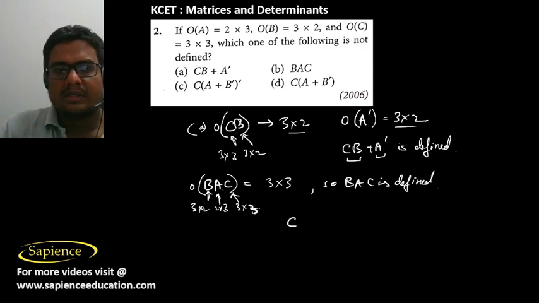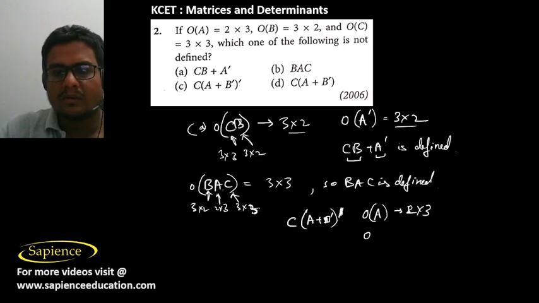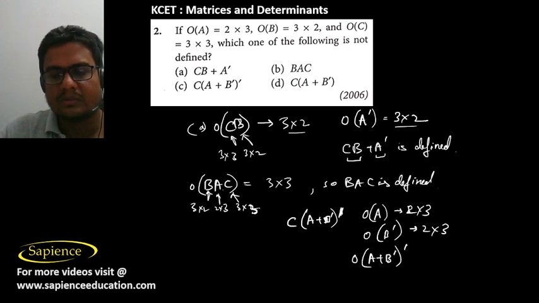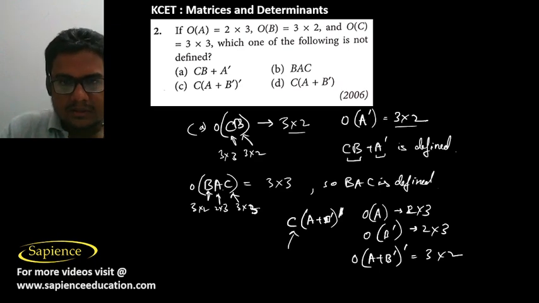And then C into (A plus B transpose) whole transpose. So now the order of matrix A is 2 cross 3 and the order of matrix B transpose is also 2 cross 3. So they can be added. Now the order of matrix (A plus B transpose) whole transpose will be 3 cross 2 and the order of matrix C is 3 cross 3.